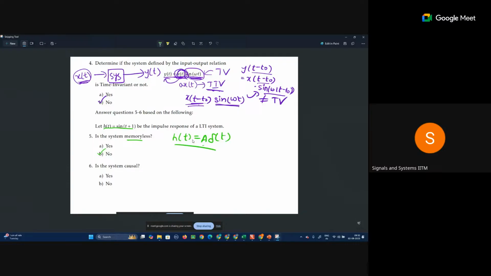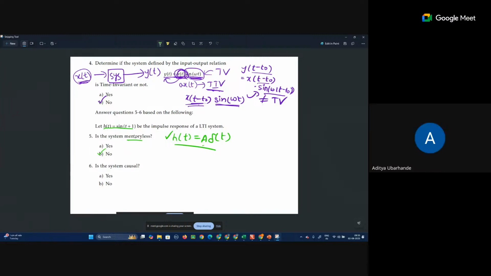If it satisfies this condition, then it is memoryless, or else it will be a memory system. Here h of t is sine of t plus 1, which is not equal to a times delta of t. So it is a memory system.